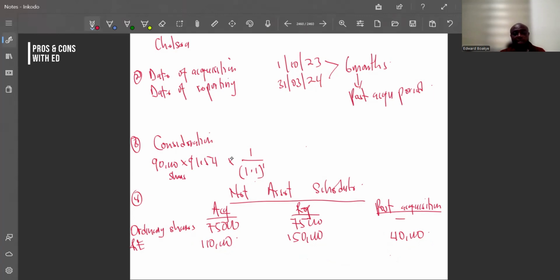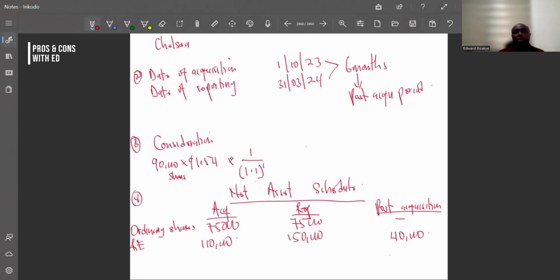So basically, that is how you are going to get your retained earning. First, whatever has been given to you as the profit for the year, calculate the number of months purchased and put it at your post-acquisition, right? Then be looking for the retained earning before you purchase the company, even before the acquisition period.